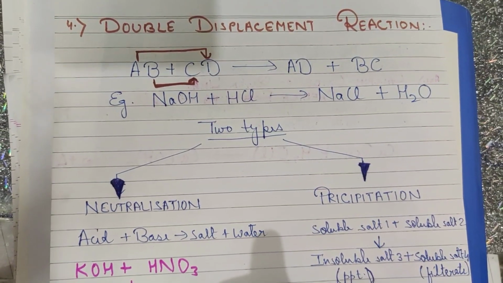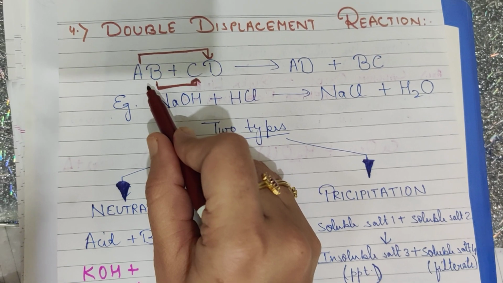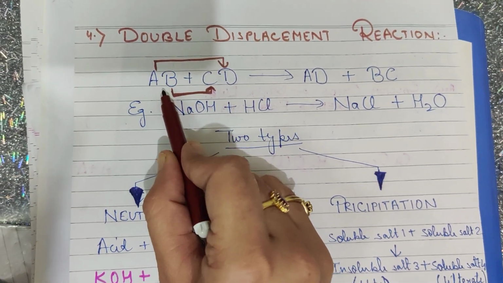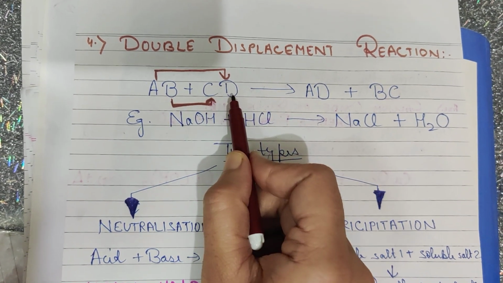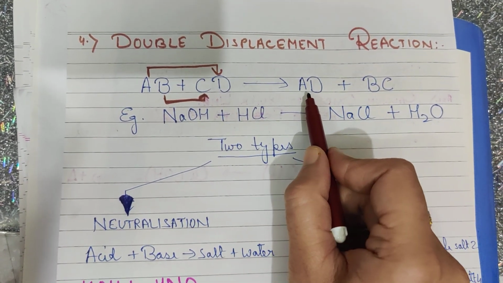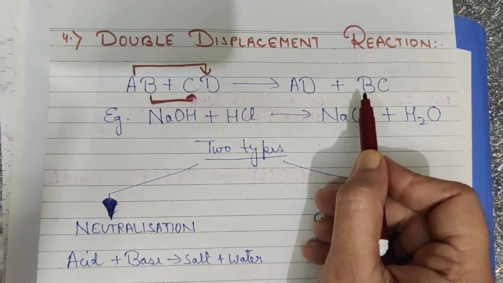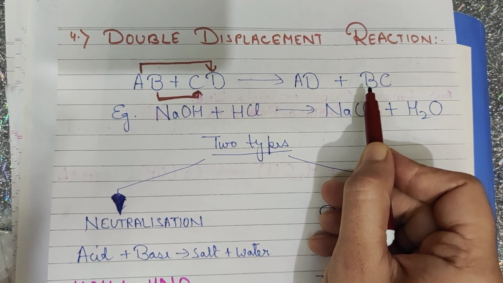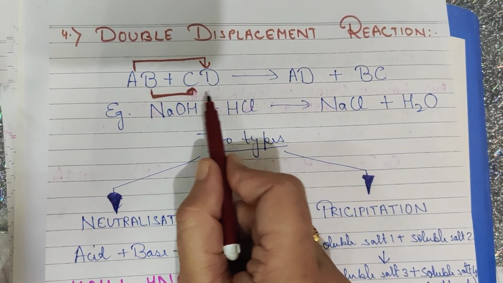In this type of reaction, what happens? We have two compounds towards the reactant side. Like I have taken a hypothetical equation here, AB plus CD, and we are getting the product as AD plus BC. If you observe the reaction properly, you can see that there is exchange of cation and anion that has occurred in the reactant.